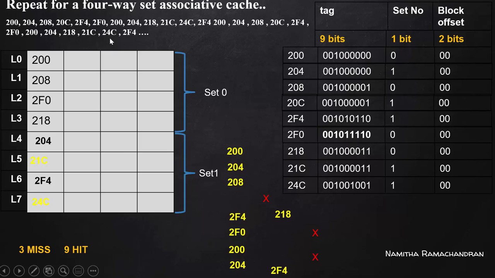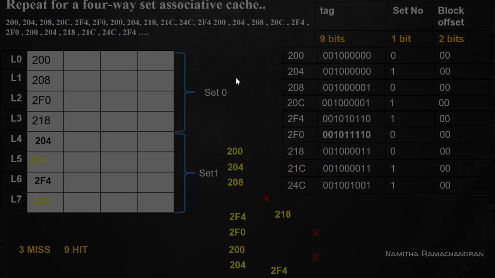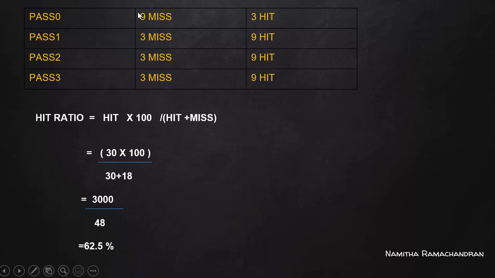Right? So the same pattern repeats in pass 2 and pass 3 also. So total misses and hits: in pass 0, 9 misses and 3 hits. Pass 1, 3 misses, 9 hits. Pass 2, 3 misses, 9 hits. Pass 3 again, 3 misses, 9 hits.